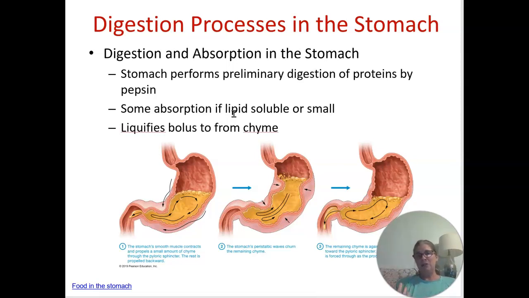Some medications are designed to be absorbed in your stomach, and some are more encapsulated so that you don't absorb them until you get into your small intestine. And the stomach is working so hard, mixing and churning the food, that it turns it into that pasty-like substance, which is called chyme.